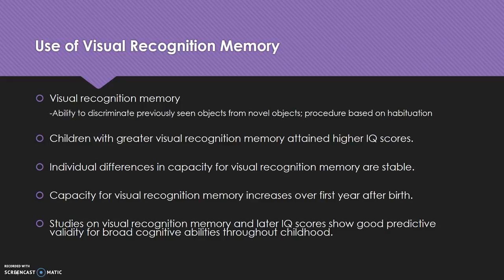So this idea of visual recognition memory, being able to remember what you see, we theorize is a stable trait, and so do we theorize that about intelligence. It seems that visual recognition memory and later IQ scores are pretty predictive of cognitive abilities later on in childhood, with visual recognition memory being sort of the first component when it comes to cognitive skill and later IQ.